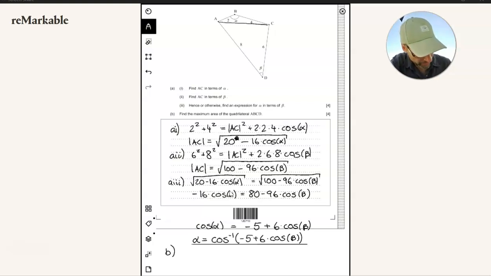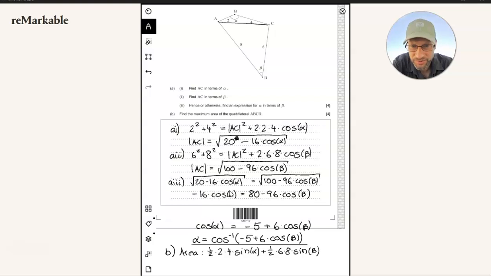So the area is equal to 1/2 times 2 times 4 times sine of alpha plus 1/2 times 6 times 8 times sine of beta. But that's a two variable expression, and we don't really know how to find values of alpha and beta such that this thing is maximal.